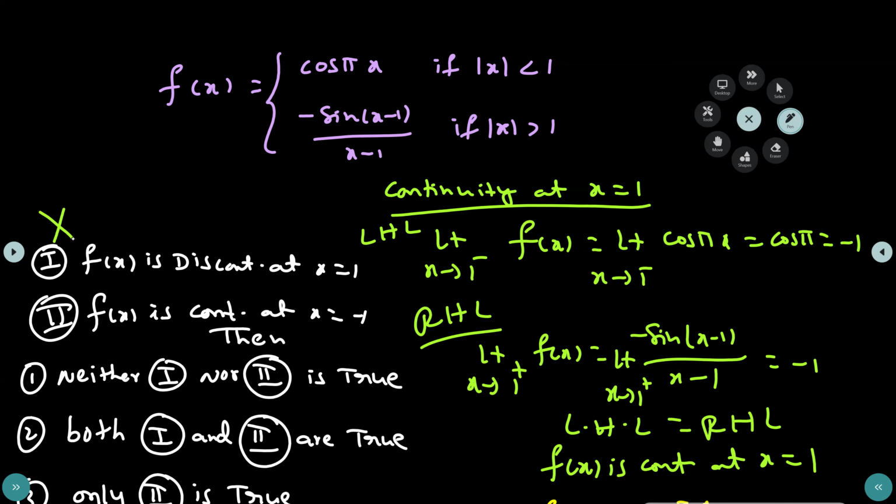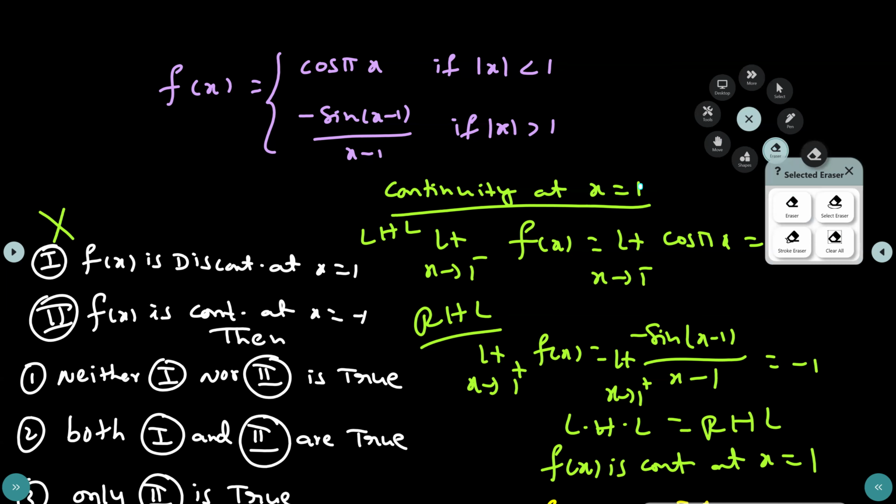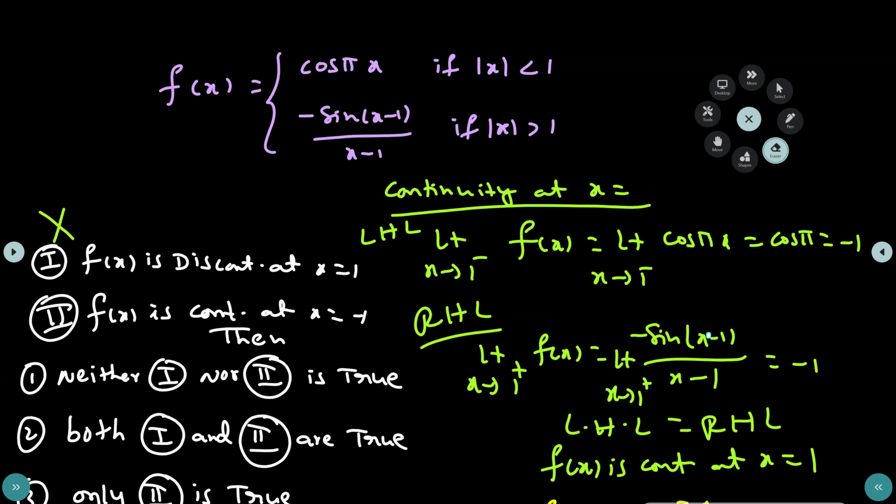The same thing you should check for minus 1 now. I am checking continuity at minus 1. LHL: limit x tends to minus 1 minus. Here just the reverse, you just observe. For minus 1 minus, what do you get?